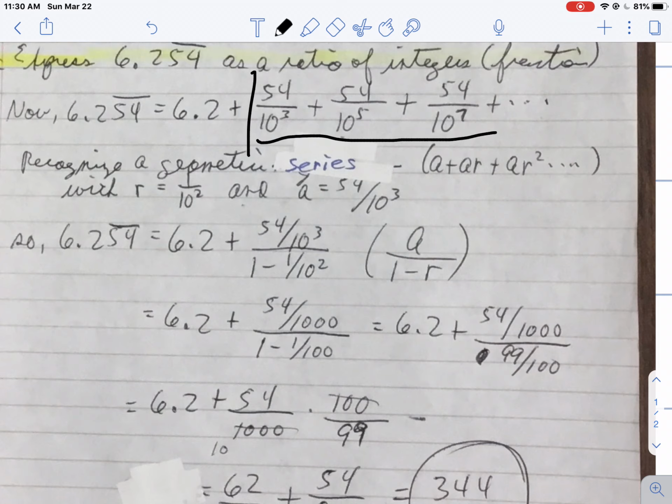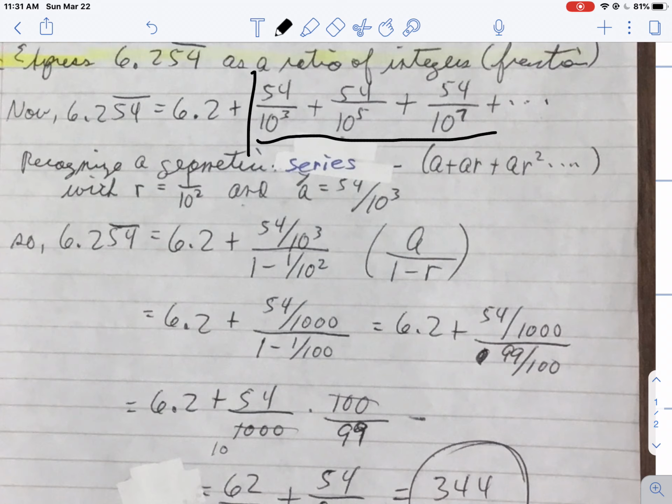I'm repeating the numerator because I'm repeating the digits, and the denominator changes, where I'm multiplying by 10 to whatever power depending on the number of repeating digits. So that gives us the first term of this geometric series as 54 over 10 cubed.